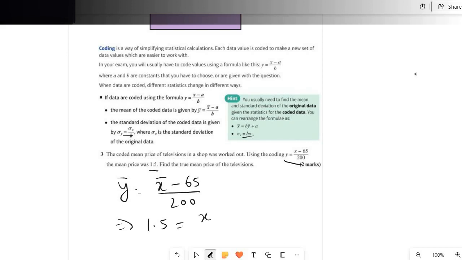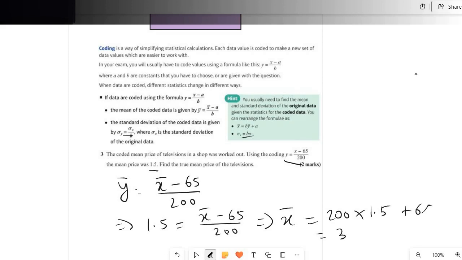So we just have to solve for the mean of x, or x bar, here. Solving for x bar, x bar is equal to 200 multiplied by 1.5, plus 65, and this gives us a value of 365, which is the true mean price of the televisions.